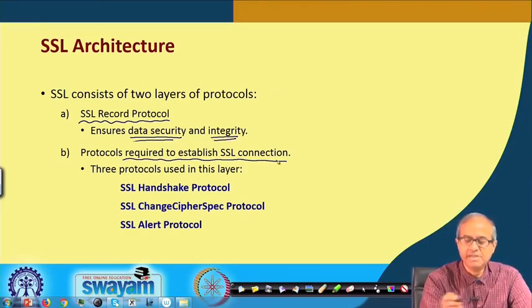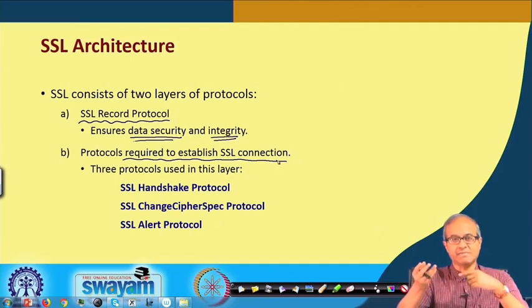So, all the methods we had talked about earlier are handled by that particular layer. And then, for establishing an SSL connection, that is initial. Whenever a connection is initially being set up, the connection is a little different compared with a normal TCP connection. For a TCP connection, you recall there was a three-way handshake through which a sender process and a receiver process can establish a connection between them.